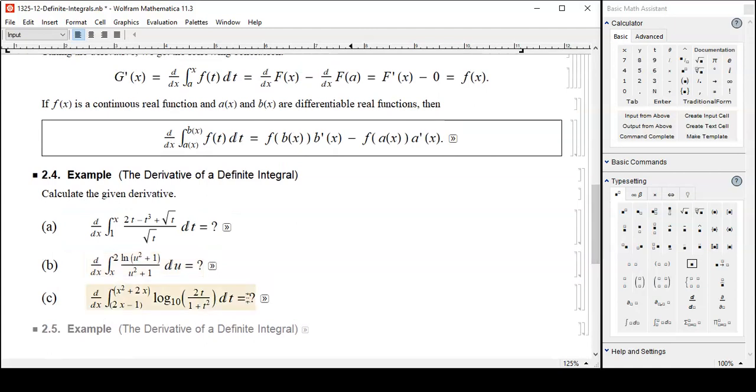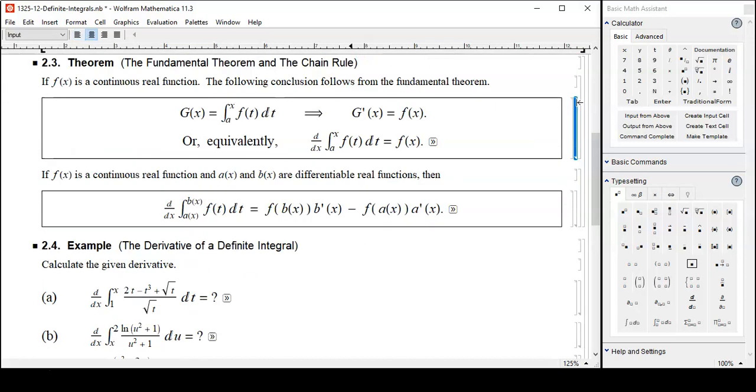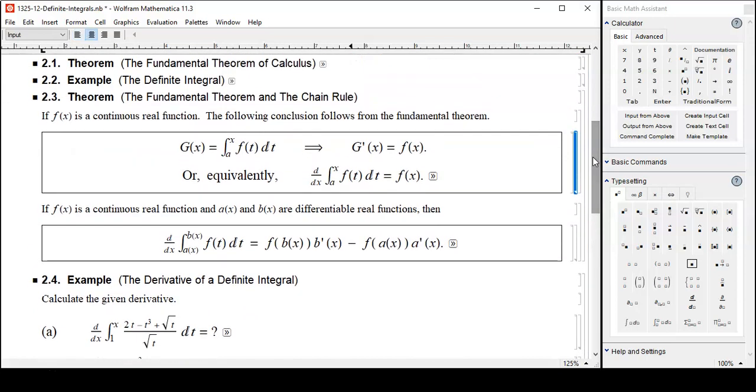Now, case number 3. What if I have something this complicated? Both the top and bottom are functions. Well, I haven't written this level of problem in applied calculus, and probably I won't, but in STEM calculus, I usually do.